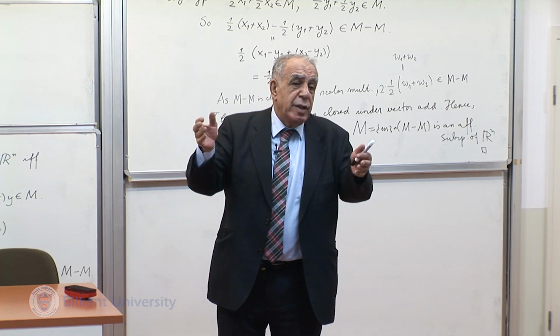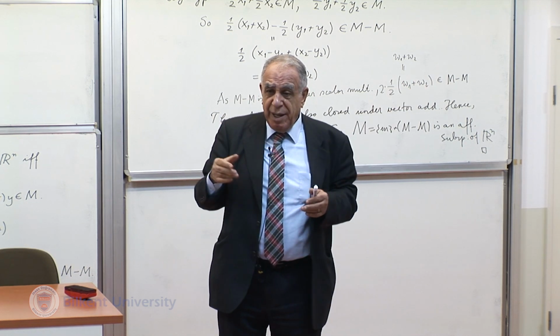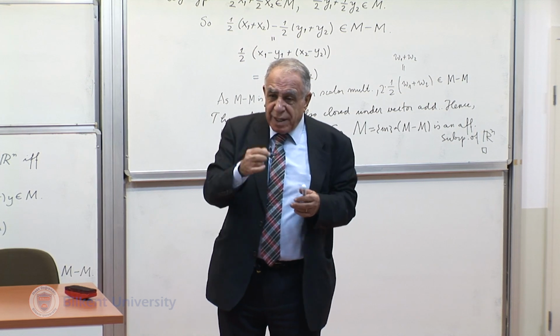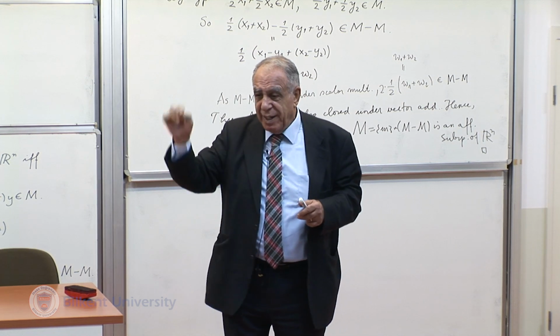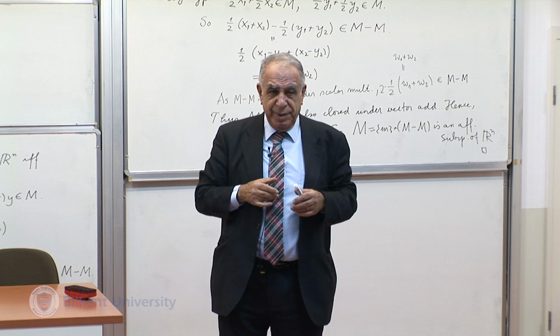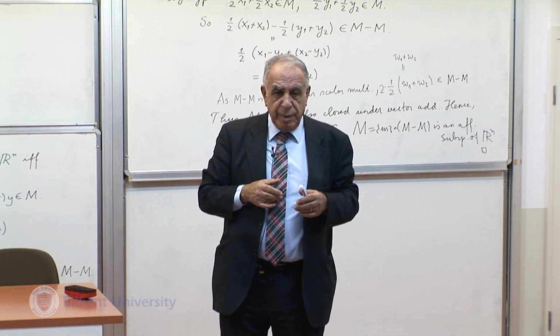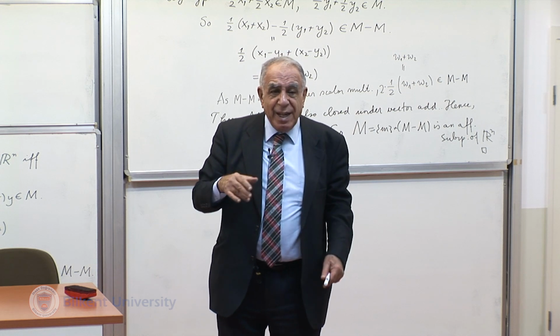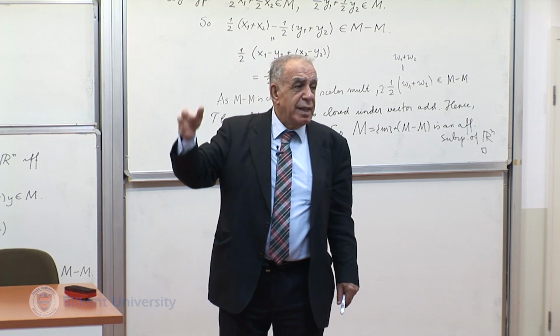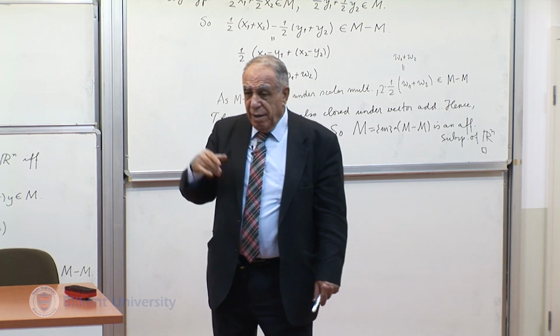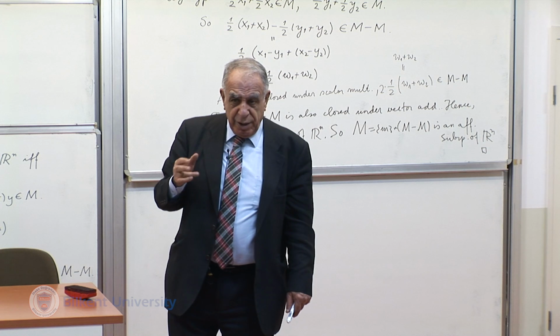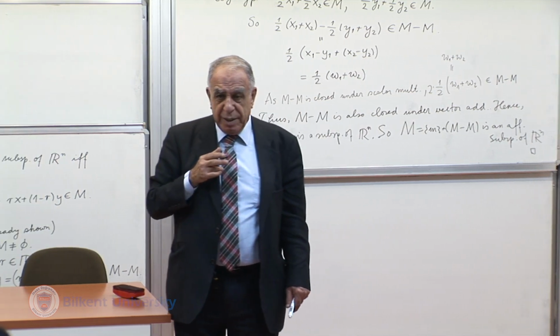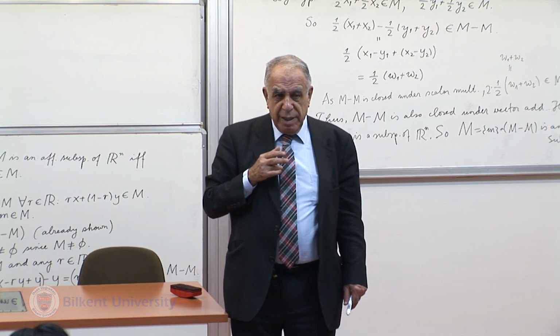Well, there will always be an affine subspace of Rn which contains any given set in Rn. It's Rn itself. But now the intersection of any number of affine subspaces should be an affine subspace. Is that true?